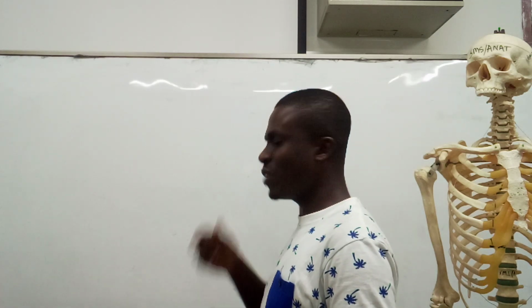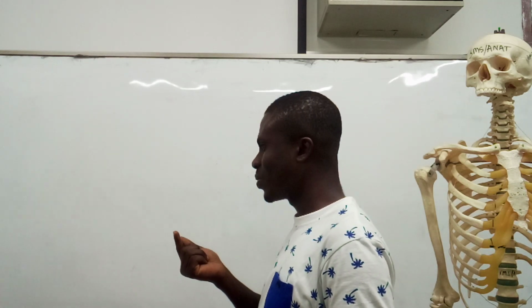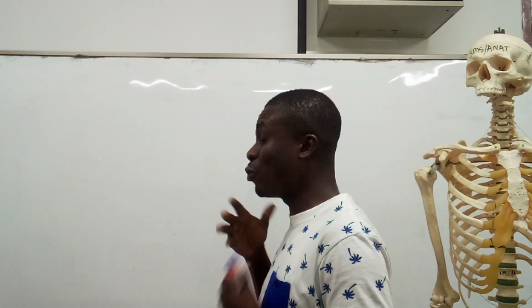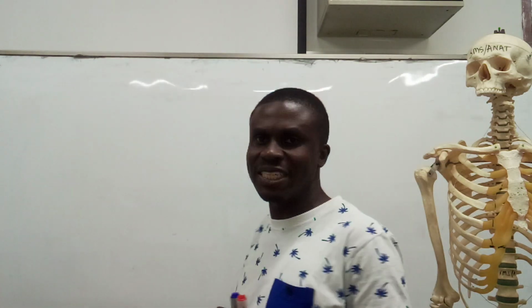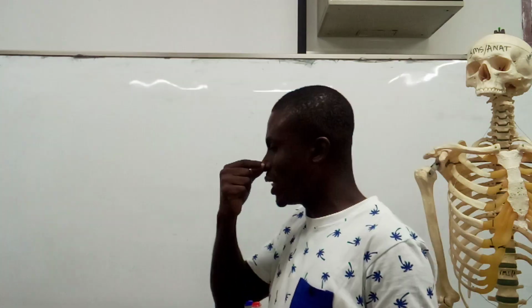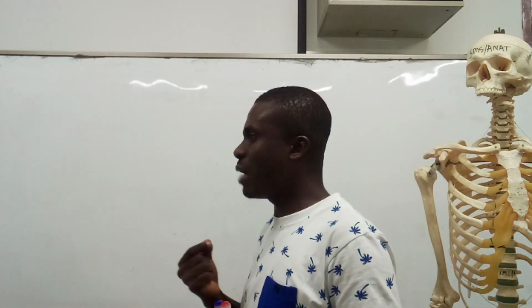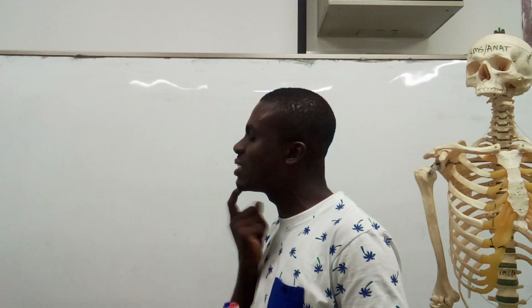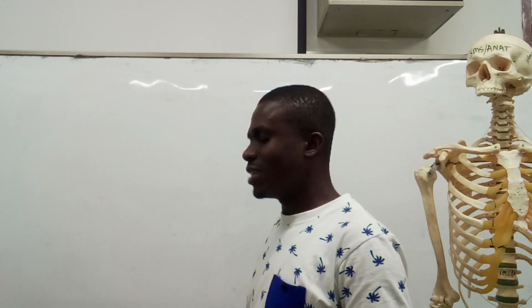Therefore, I can say that it's anterior, and the chin is a bit posterior, although in real sense they are both projecting anteriorly. By relative terms, that's what we are talking about. The tip of my nose protrudes more anterior compared to my chin. Again, my chin is a bit downwards, inferior, compared to the tip of my nose.